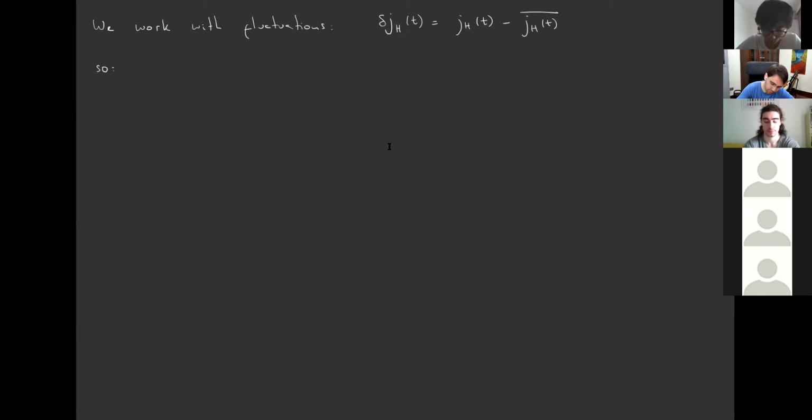And then this means that we will be interested in, let's say, second order moments or two-time correlators of this fluctuation of the photocurrent. And just based on the previous expression that I gave you, this is proportional to alpha of the local oscillator squared, and then exactly the same expression as before, but now with the fluctuations of the quantum quadrature instead of the quadrature itself.